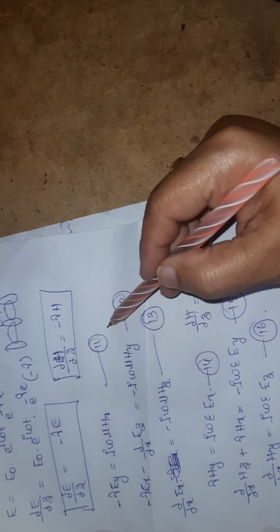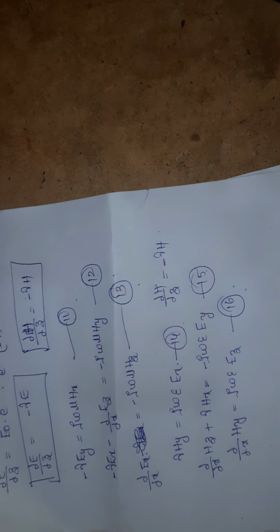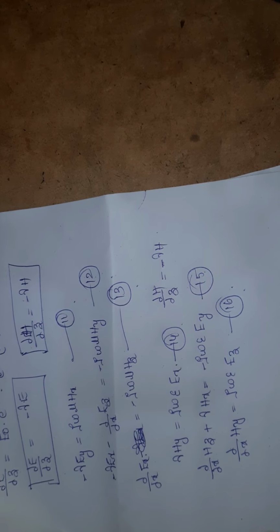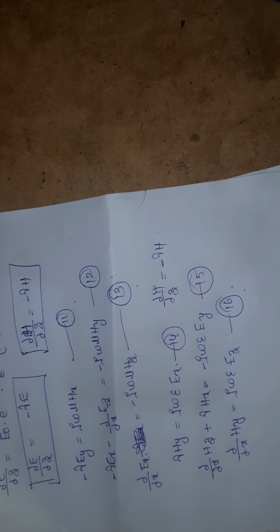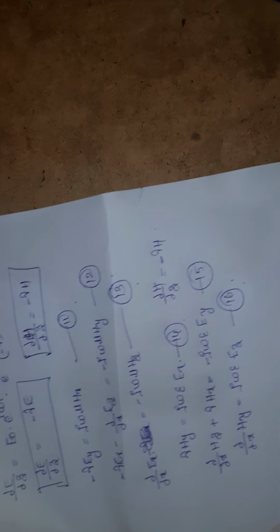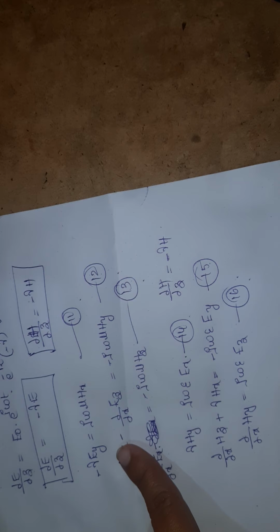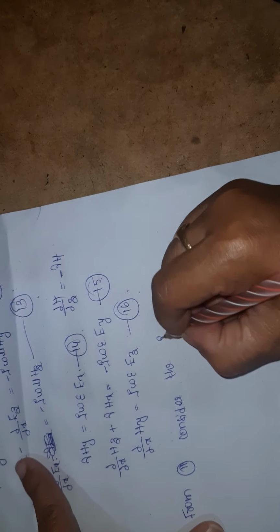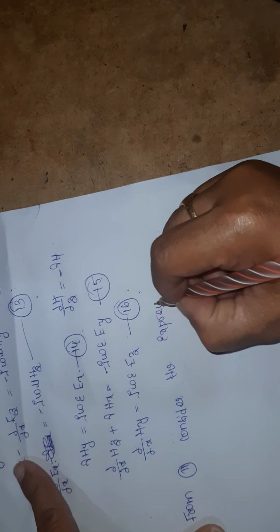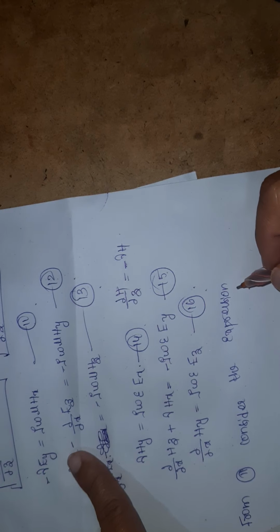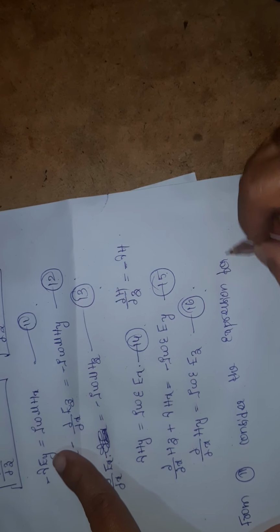Okay. So by considering 11, 12, 13, 14, 15, 16, we are going to get the final expressions for the field components ex, ey, hx, hy. How? Here from 11, consider the expression for ey.